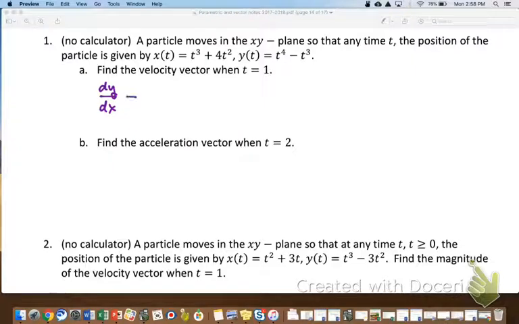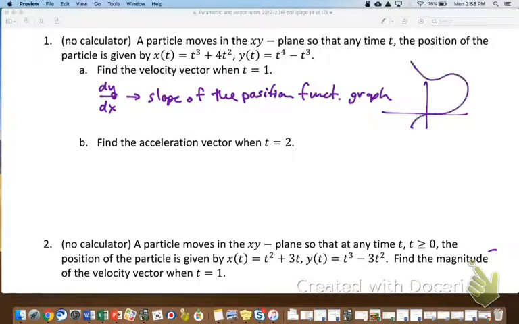This would be the slope of the position function's graph. If this object was moving like this, we could find the slope of that actual path right there. That's what dy dx would find. That's only for the tangent line to that graph, and that's not what it asked.